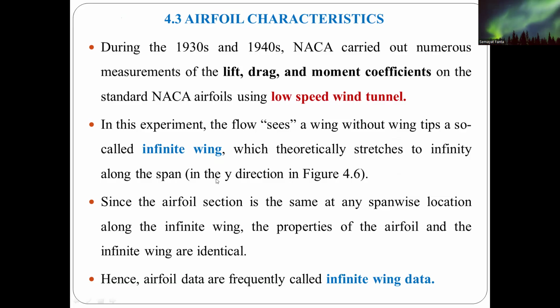Since the aerofoil section is the same at any span-wise location along the wing, the properties of the aerofoil and the infinite wing are identical. Therefore, aerofoil data are frequently called infinite wing data. And the actual 3D wing is called a finite wing. So the data which we obtain from the actual wing is finite wing data.